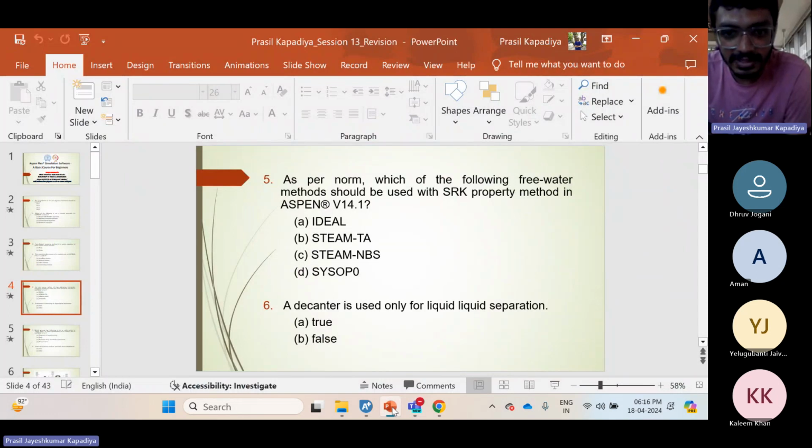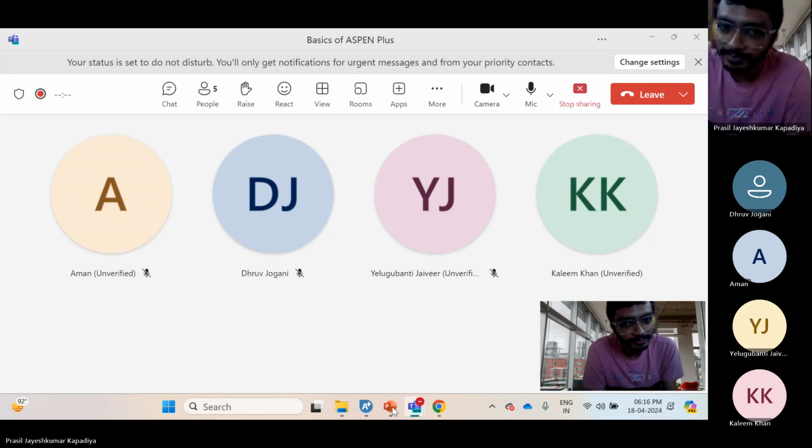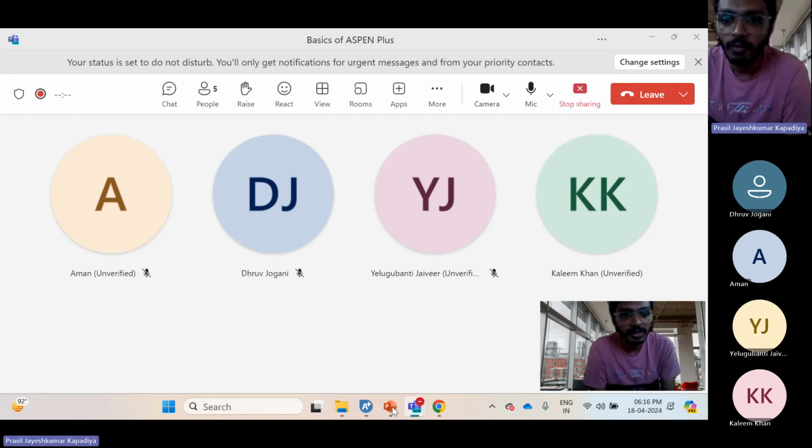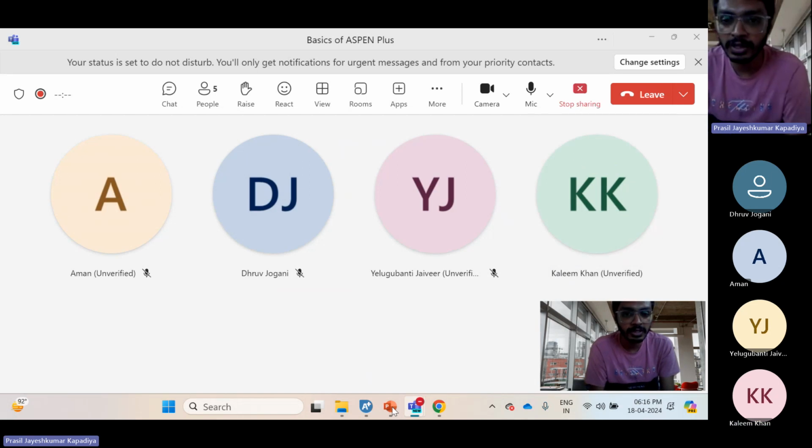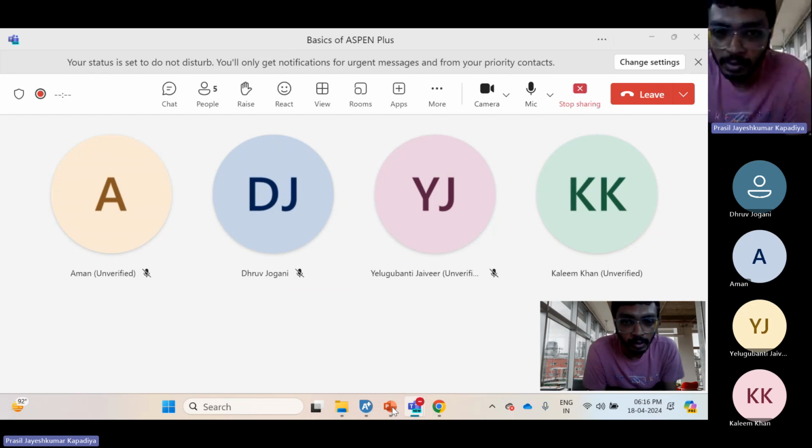The question is: a decanter is used only for liquid-liquid separation. It should be true, right? What does a decanter do? A decanter separates two streams based on the difference in their densities. Let's say I want to separate water and oil in my operation, so I can use a decanter. So how does it separate? Is the water phase heavier or lighter than oil?